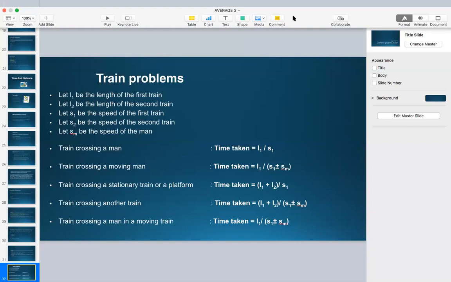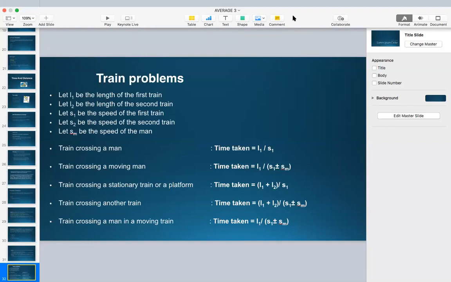So basically the thing which you need to keep in mind is, since in all these scenarios we are focused on finding out the time, and time is equal to distance upon speed, you will have to keep in mind that if the second object is moving, then in the denominator, the speed will be the relative speed.